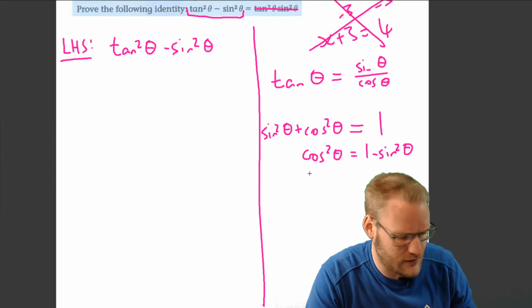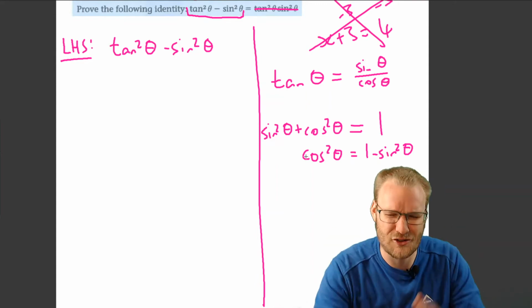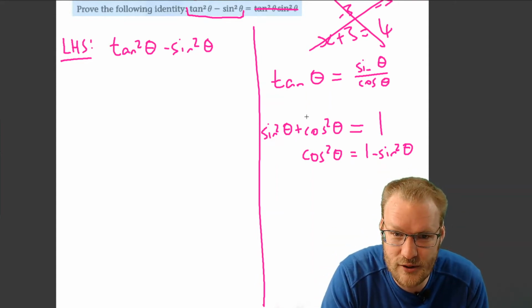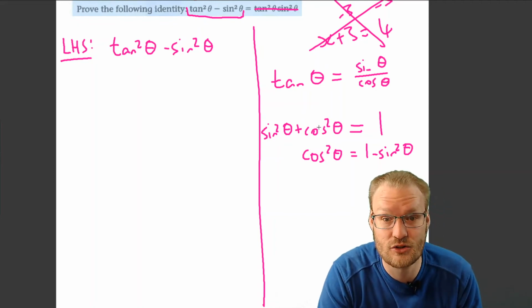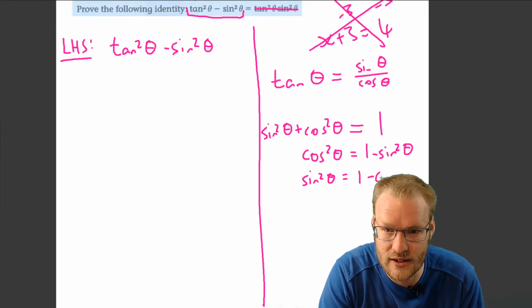Okay, and the other one that we're going to do, and I'm anxious to get into the question, because then we can see what I'm talking about here. If we subtracted from this trig identity cos squared theta, we'd just be left with sine squared theta on the left hand side, and on the right we've got this 1, and we've subtracted cos squared theta.